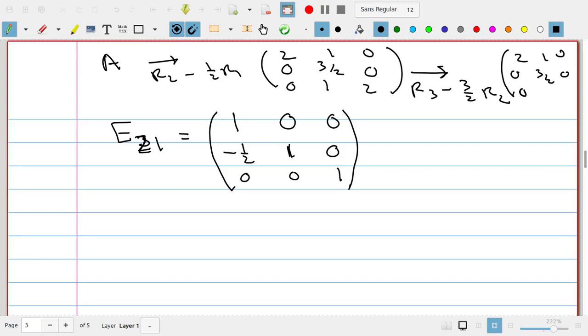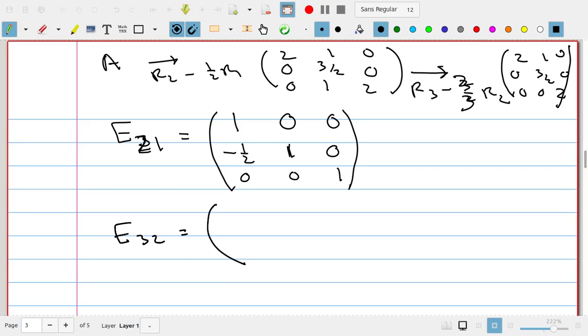So it's not 3/2, it's 2/3. Right? So 0, 0, and then this stays 2. Of course this makes the 32 element equal to 0.